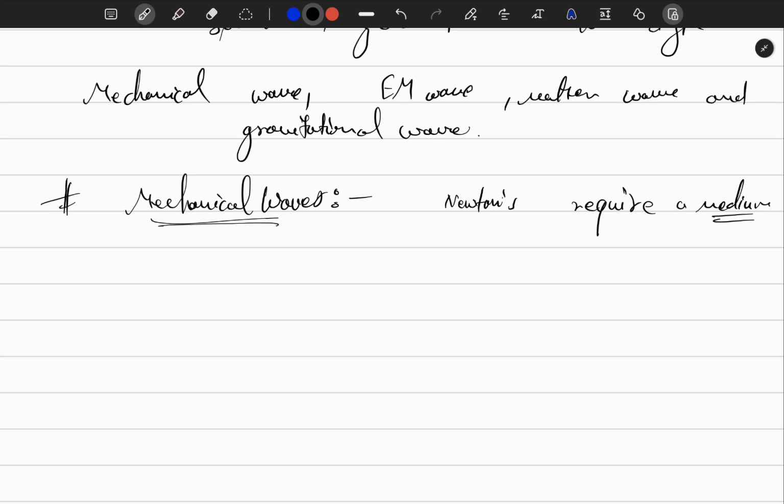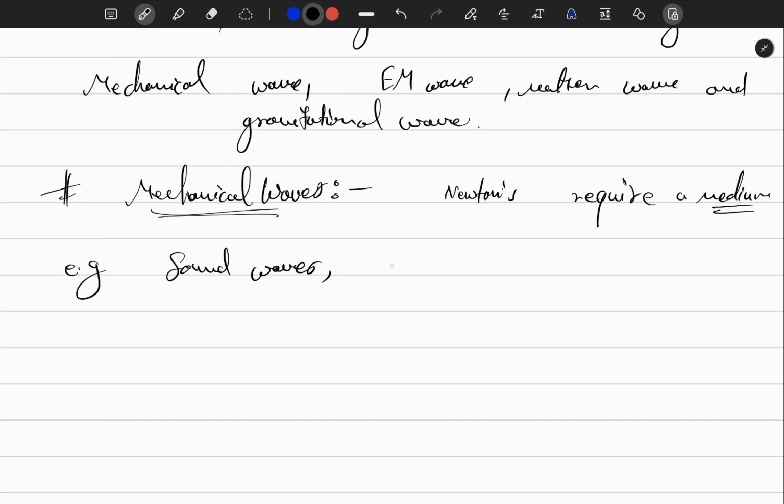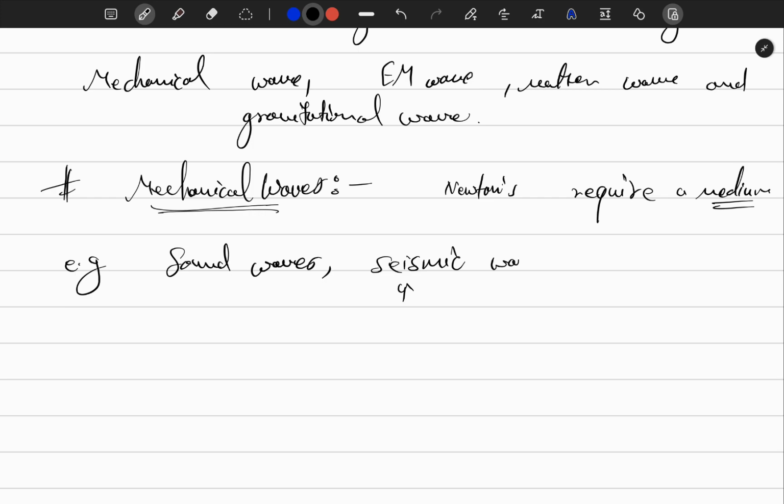They require a medium for their propagation. Examples are sound waves and seismic waves. What are seismic waves? An earthquake is a seismic phenomenon. The wave it has is called a seismic wave. So an earthquake is an example.